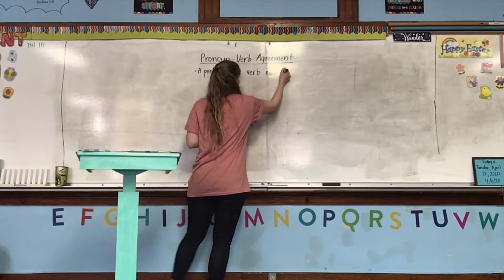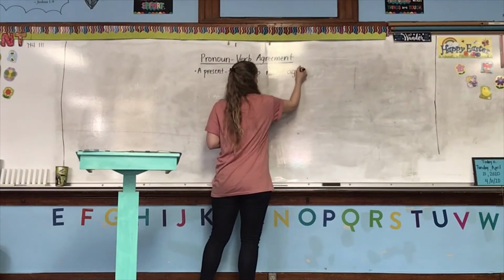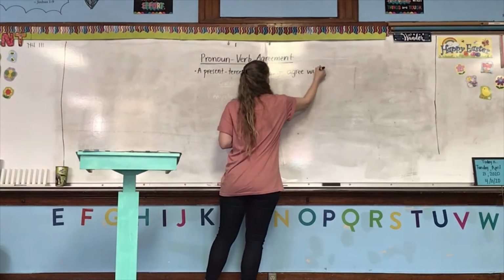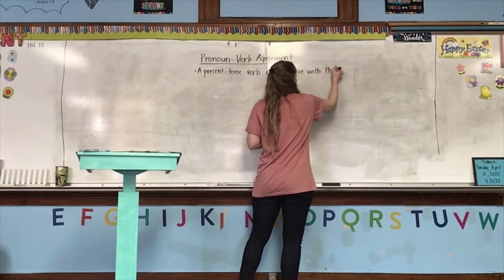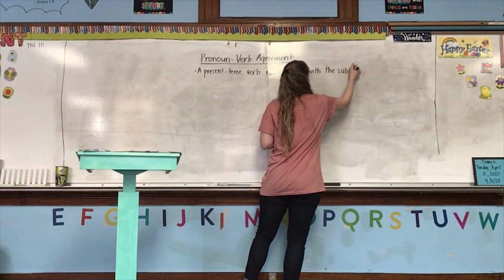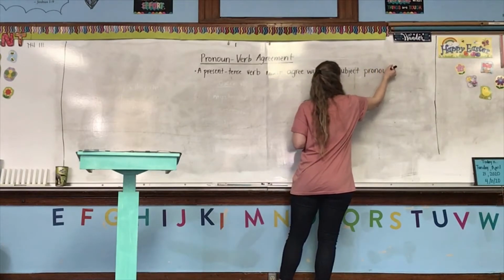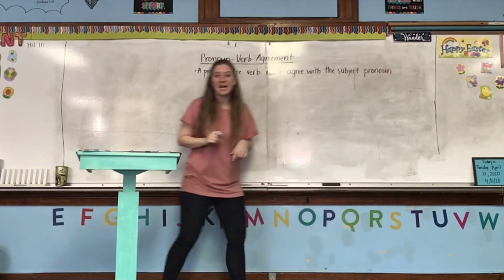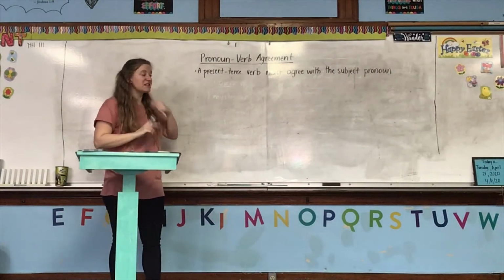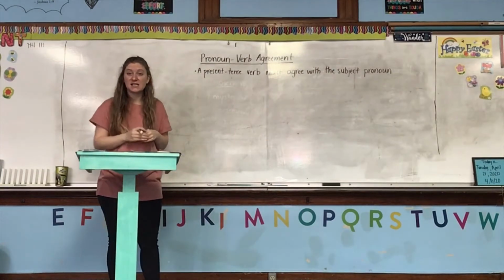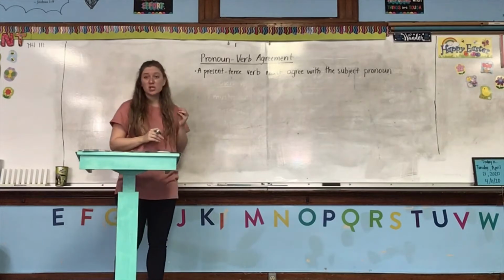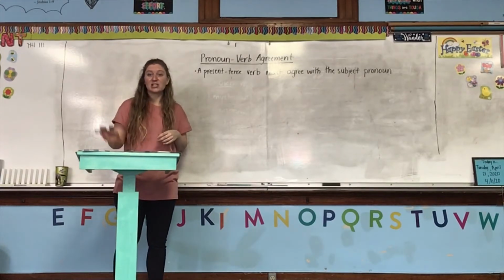So we're only going to be talking about subject pronouns, not object pronouns. Because remember, the subject pronoun is what does the action in the sentence. An object pronoun is what the action happens to.